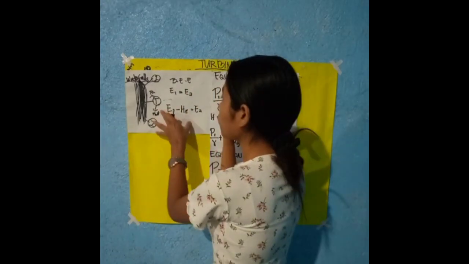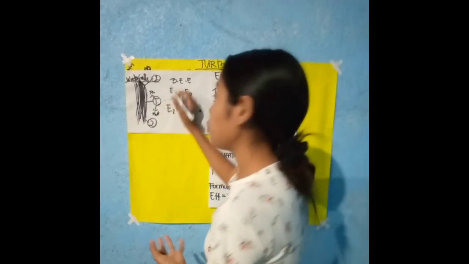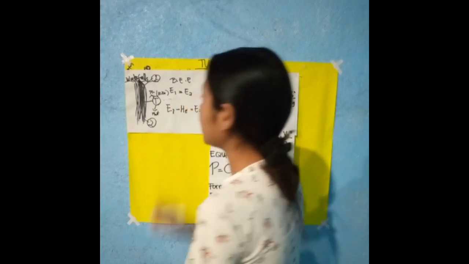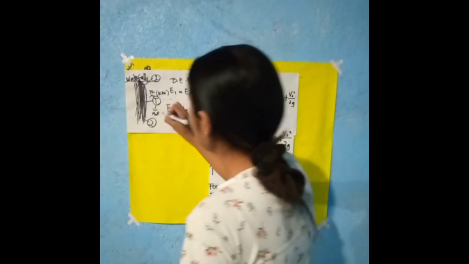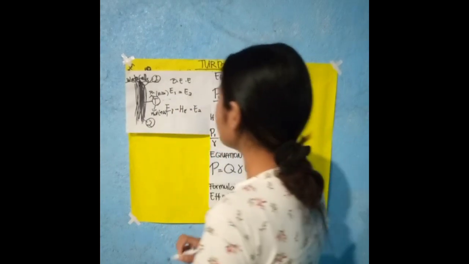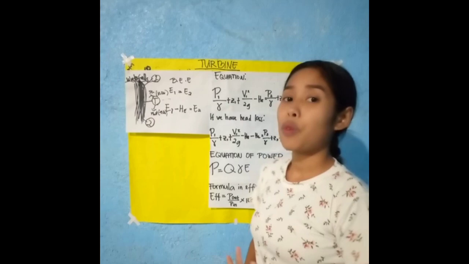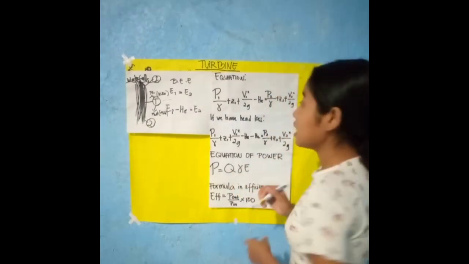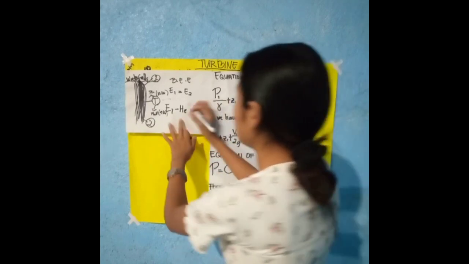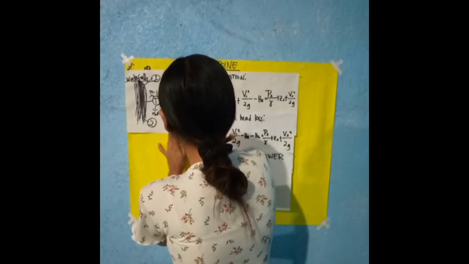In our P in, we have 10 kilowatts, and in our P out, we have 9 kilowatts. We can compute this by using our formula for efficiency.